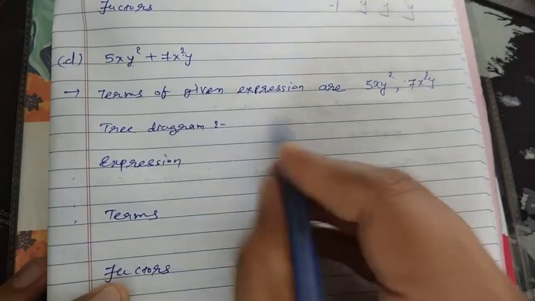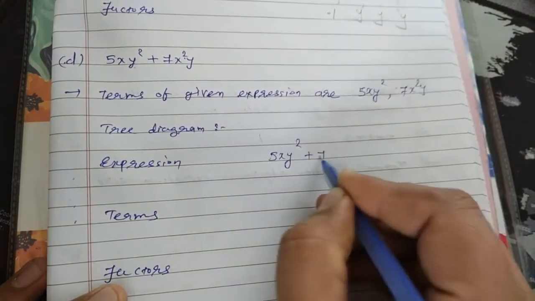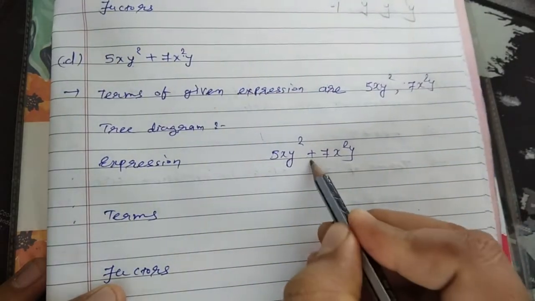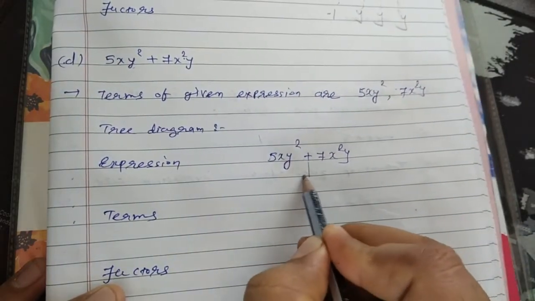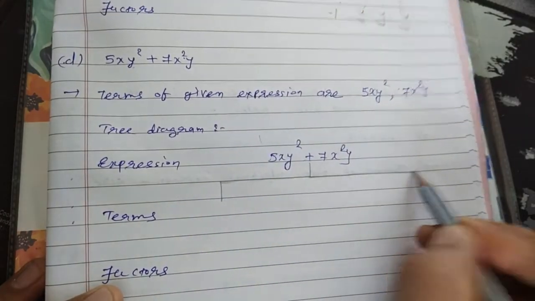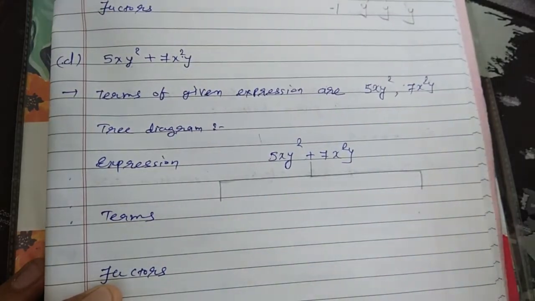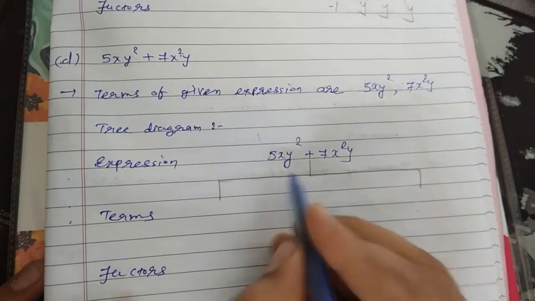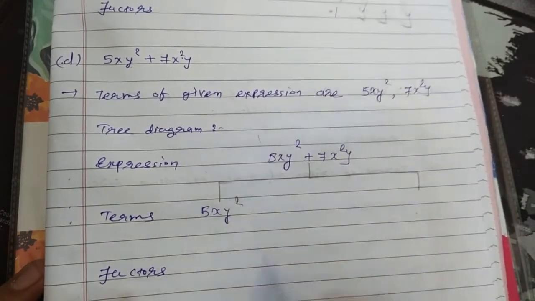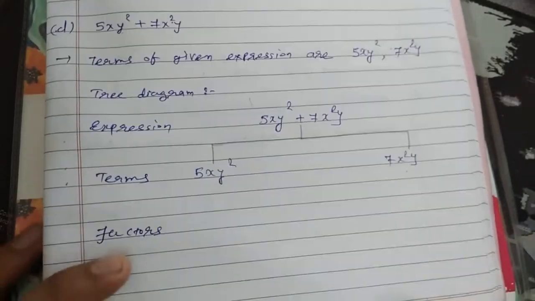First of all we will write the expression, that is 5xy square plus 7x square y. So here we will draw a continuous line, as two terms are there, so we will divide it into 2 parts. In the first part we will write the first term, that is 5xy square, and the second term 7x square y.